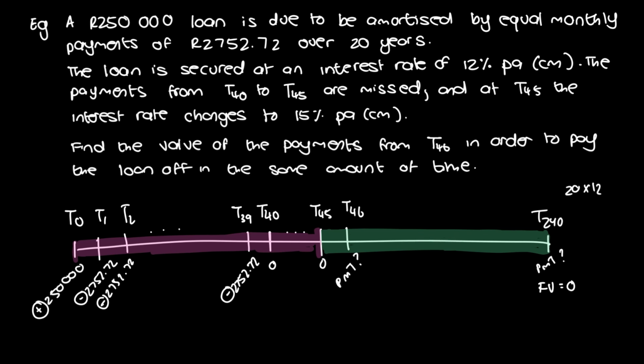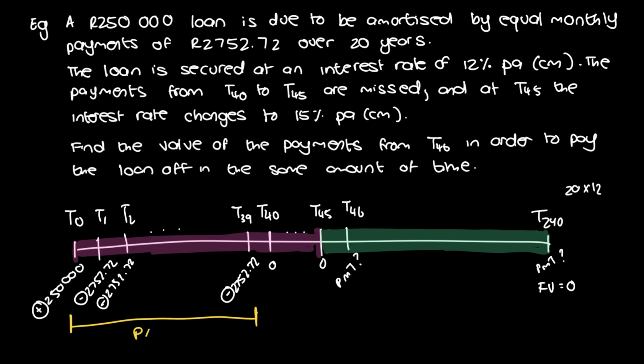And now we can go ahead and investigate where we need to break it up for the payments and the annuity versus the normal compounded interest and so on. So in this situation, if we need to break it up, the first thing we can look at is that from T0 to T39, we have the exact same information.